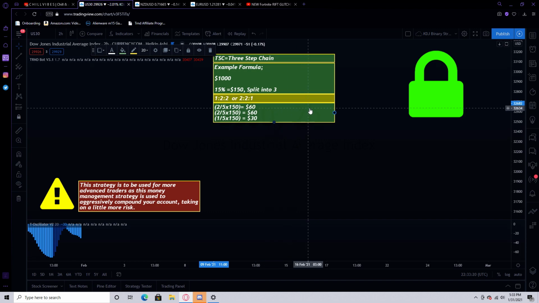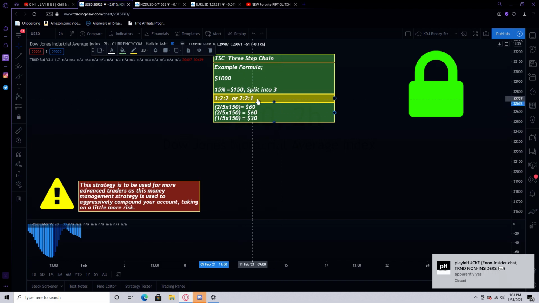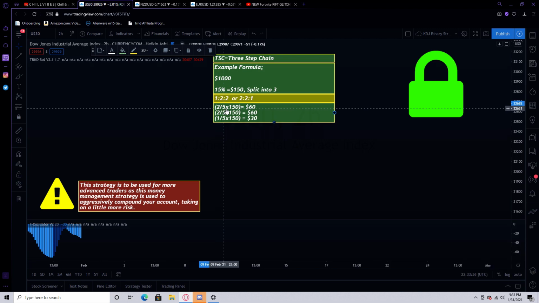2-2-1. So to find out how much you will put in for your base amount for every single trade, for example, I'm using 2-2-1. You'll do 2 divided by 5 times 150, which equals $60.